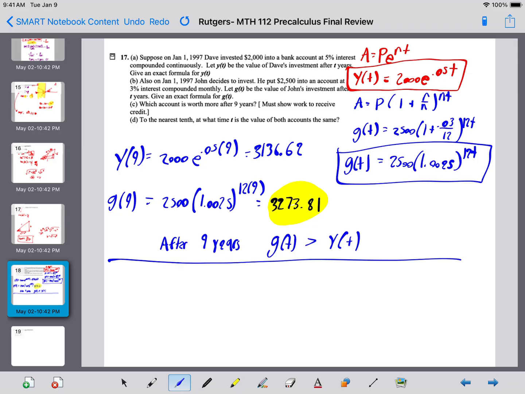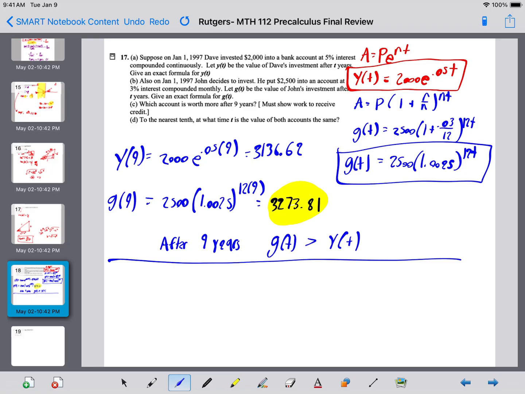You're going to go to y equals, you're going to type in 2000 times e to the 0.05x. For y sub 2, you're going to plug in 2500 times 1.0025 to the 12t, or 12x. I'm going to graph both of those.